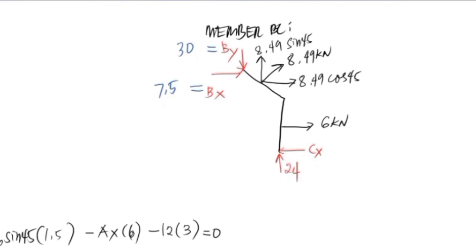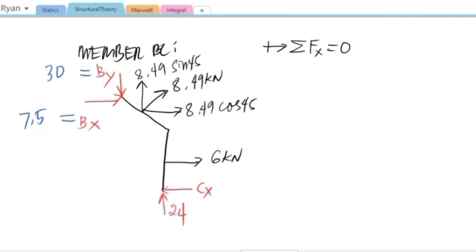So, in order for us to compute for the value of the CX, we have to summate forces horizontal is equal to 0, taking the direction to the right as positive. So, as we can see here, the BX is directed to the right, so we have positive 7.5 kN plus the horizontal component of 8.49, that is 8.49 cosine of 45 plus 6 kN directed to the right minus the CX is equal to 0.